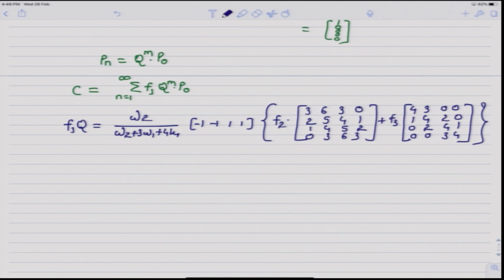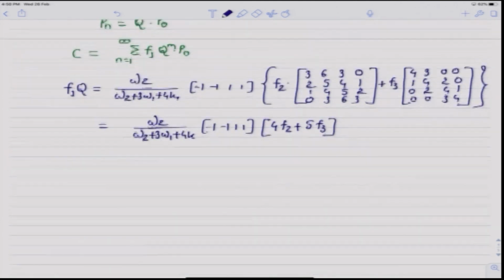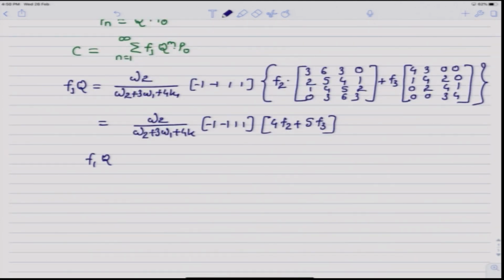So, if we do this, we will notice we end up getting the product to be equal to omega 2 over omega 2 plus 3 omega 1 plus 4 k1 times minus 1 1 1 times 4 F2 plus 5 F3, and again this is nothing but F1. So, we get F1 times Q is equal to 4 F2 plus 5 F3 times F1.